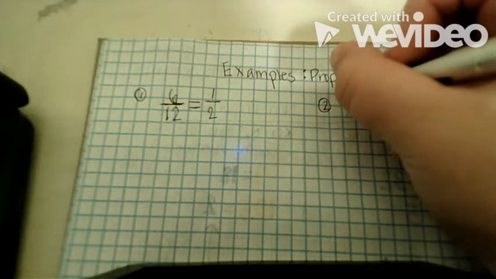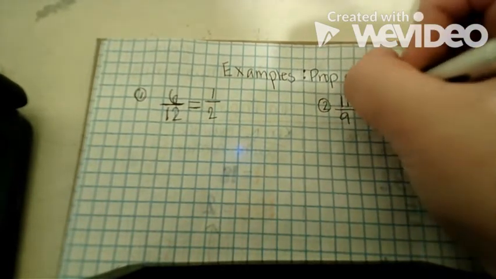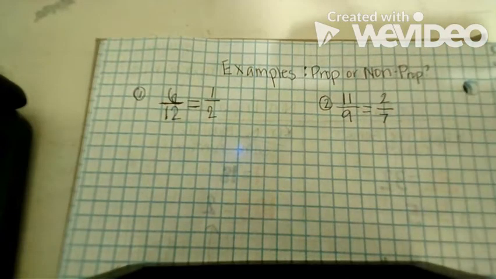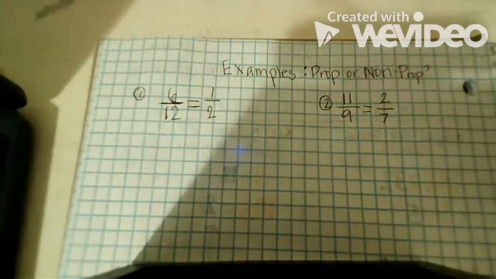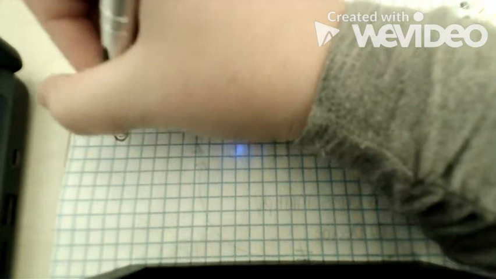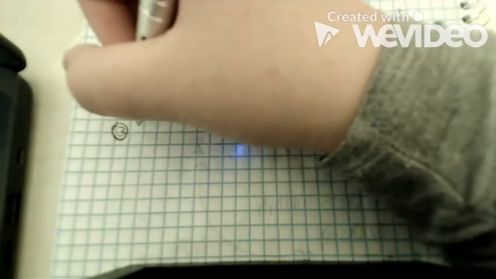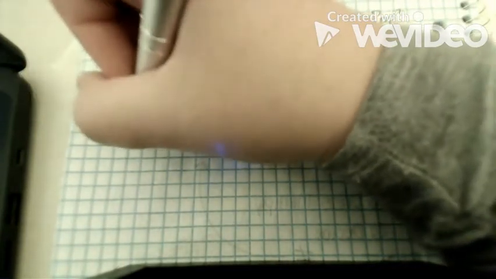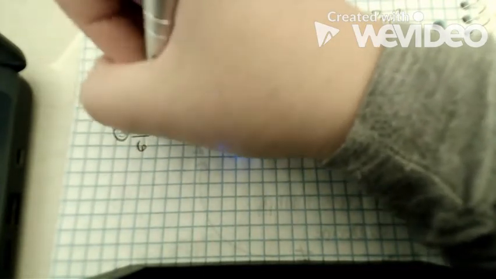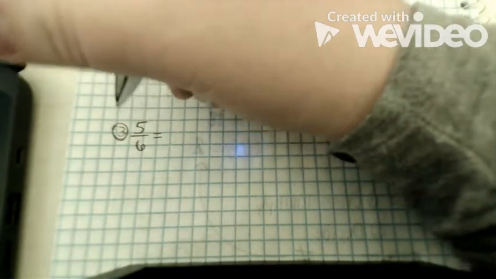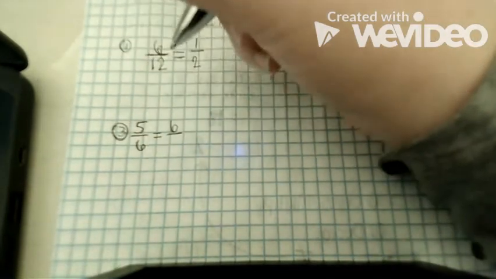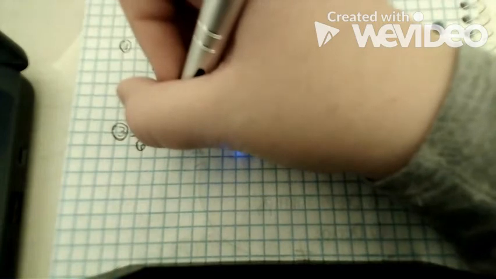Let's go 11 over 9 equals 2 over 7. For number 3, five over 6 equal to 6 over 2.